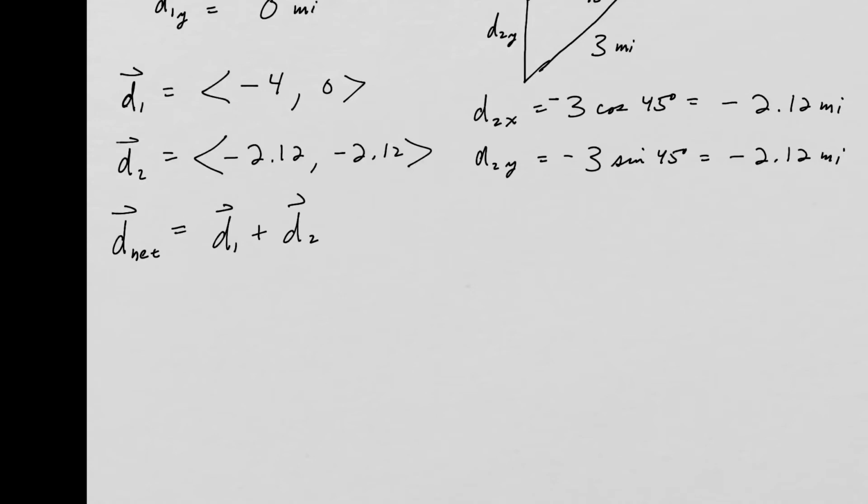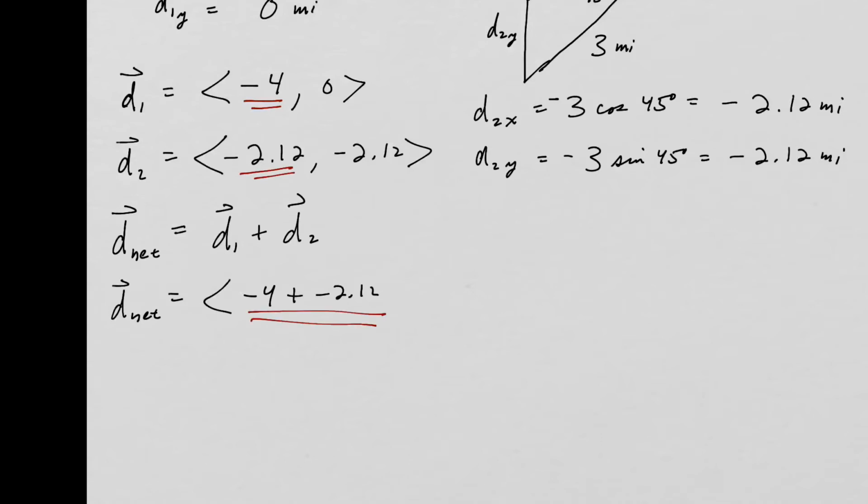So in this case, D net is going to be negative 4 plus negative 2.12. So I'm adding these x components to get that.